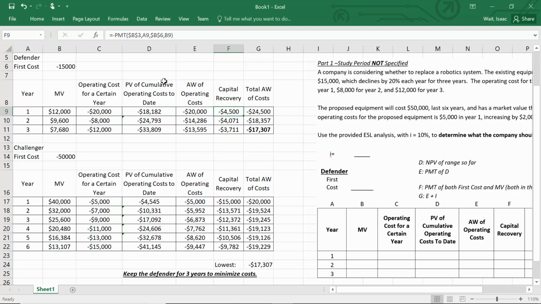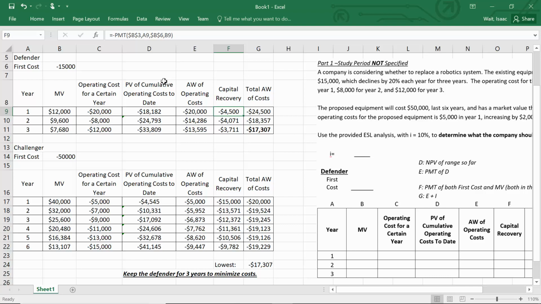Capital recovery. Just to refresh your memory what capital recovery is, if you buy an item and then you eventually sell the item, capital recovery is how much that is on an equivalent annual basis. And so capital recovery is, let's find out the annual equivalent amount.